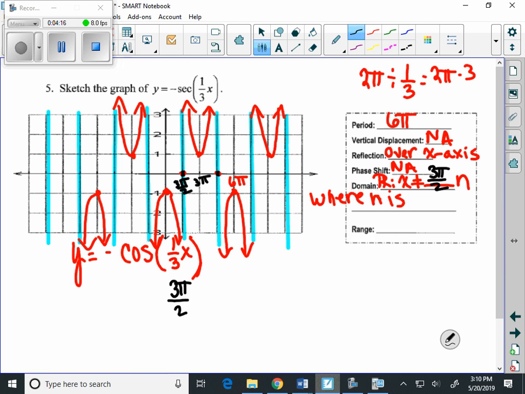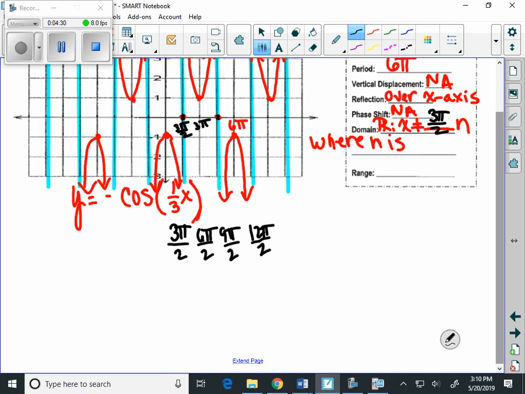Then the next one would be 6 pi over 2. And the next asymptote would be 9 pi over 2. Then 12 pi over 2. And so forth. We could keep going with those, but where we have the asymptotes, we have the asymptotes here and here. And in fact, if I went one more, then it would be 15 pi over 2. That would be another place where there's an asymptote there, even though I can't get it labeled right underneath.